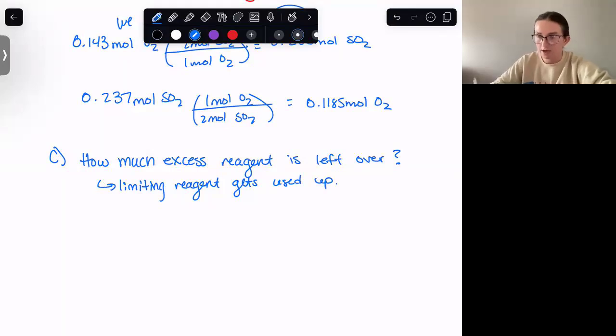Okay, so at the end of the reaction, right, when it goes to completion, SO2 is equal to 0, right? We have no more moles of SO2.